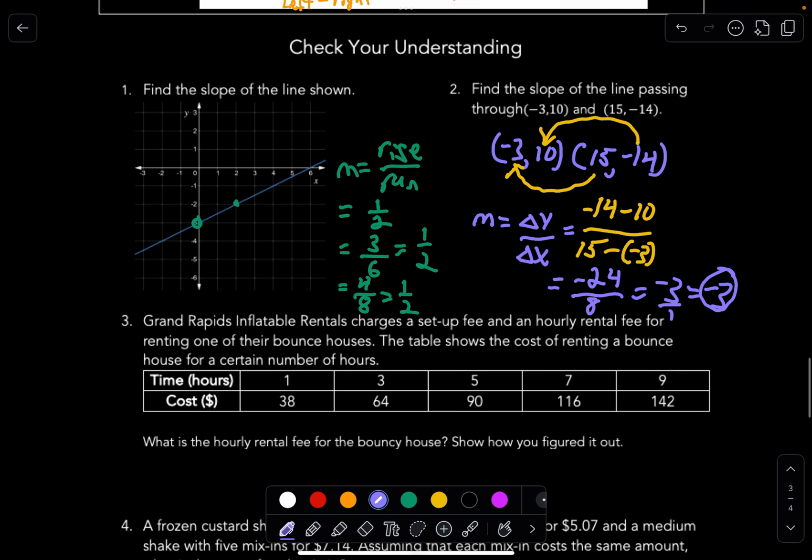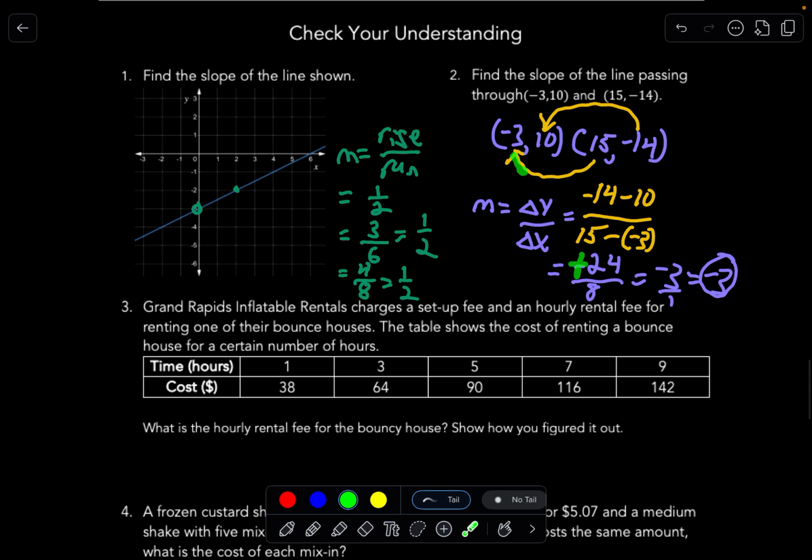And by the way, you could have done it the other way. Instead of negative 14 minus 10, you could have said 10 minus a negative 14, which would have given you a positive 24 on top instead of a negative. But then you would have to go negative 3 minus 15.